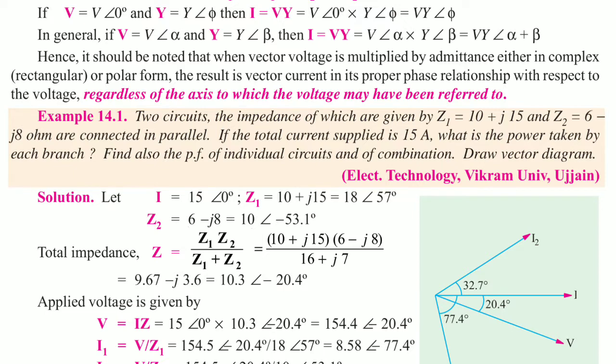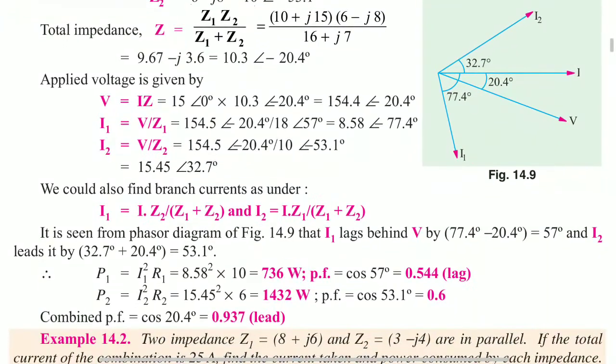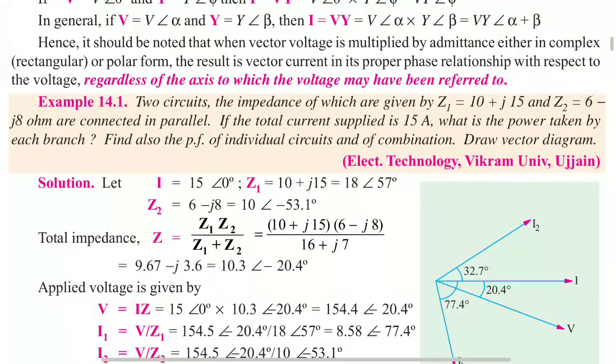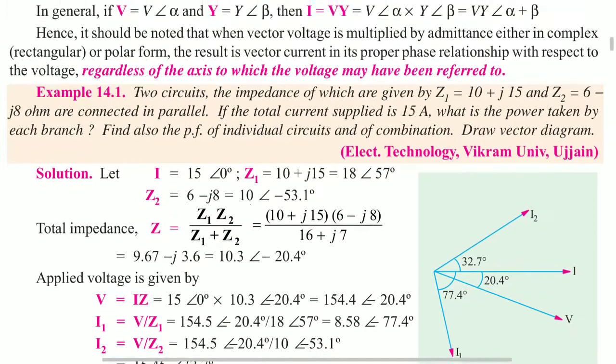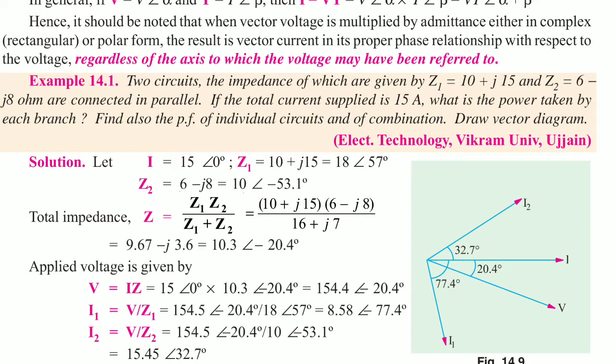So here Z1 and Z2 are connected in parallel, and the total current is given as 15 amps. So let's go for the solution.